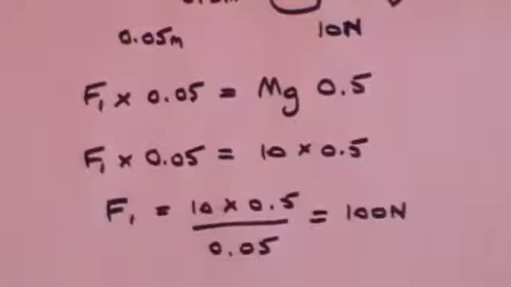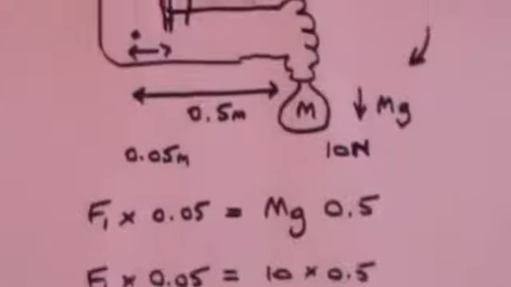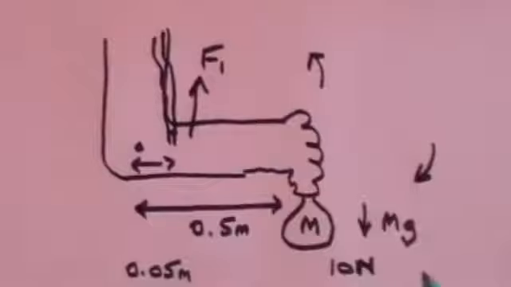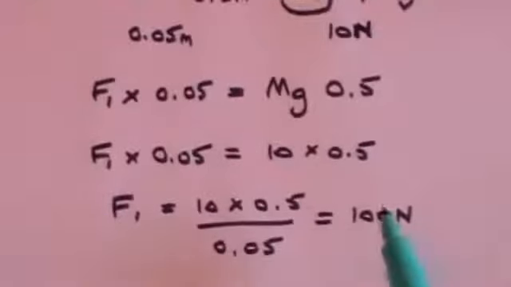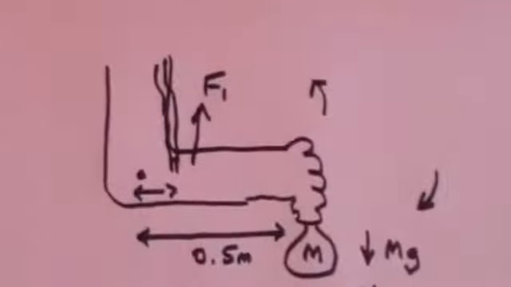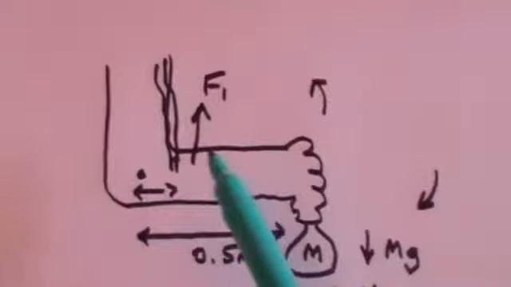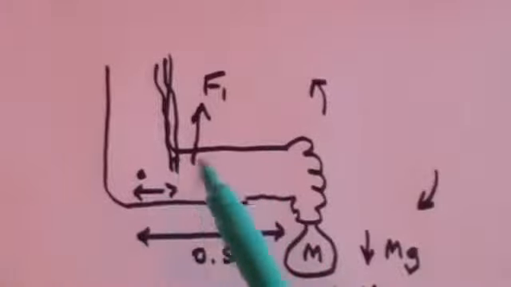So nature has not been very efficient. In order to lift a weight of 10 newtons, my muscles have to apply a force of 100 newtons because, in this situation, the load is further away from the turning point, or the fulcrum or the pivot, than the muscle is.